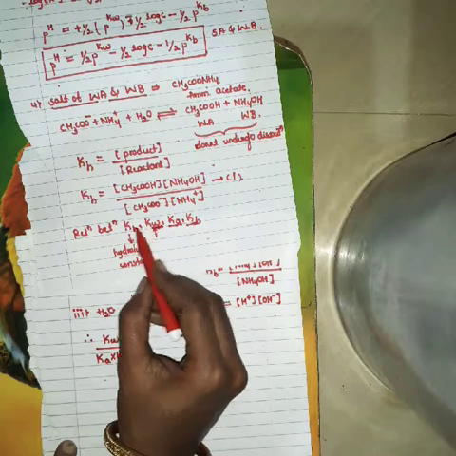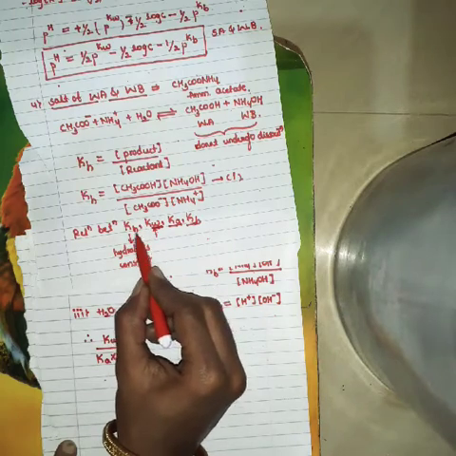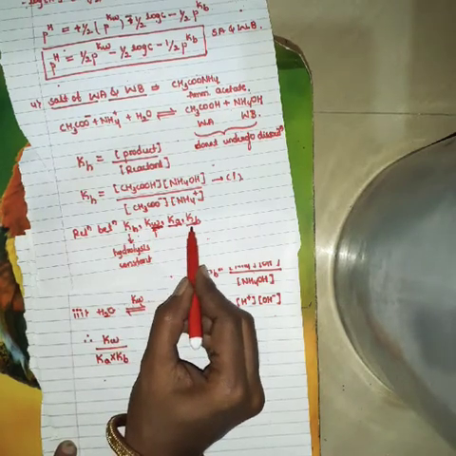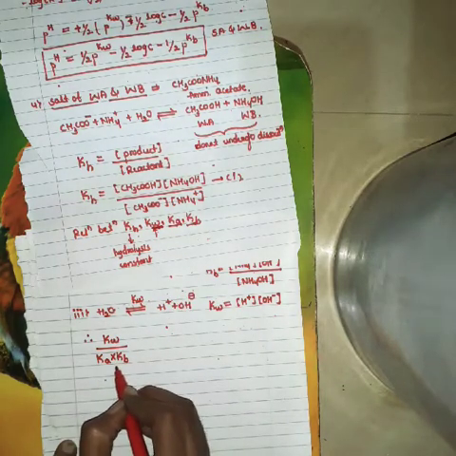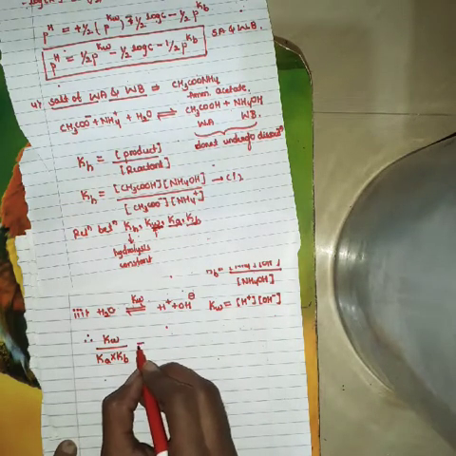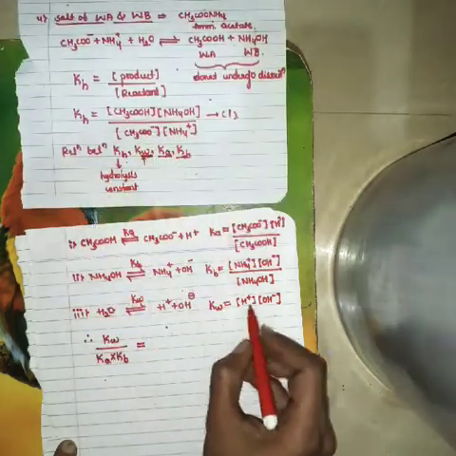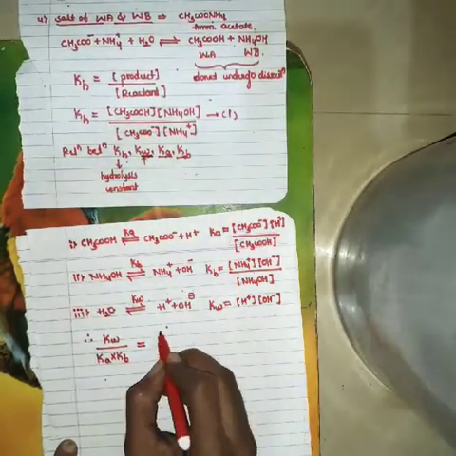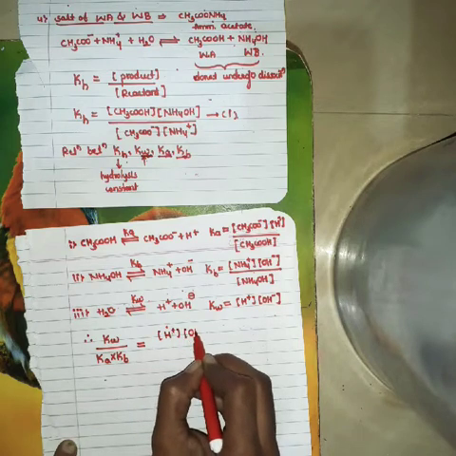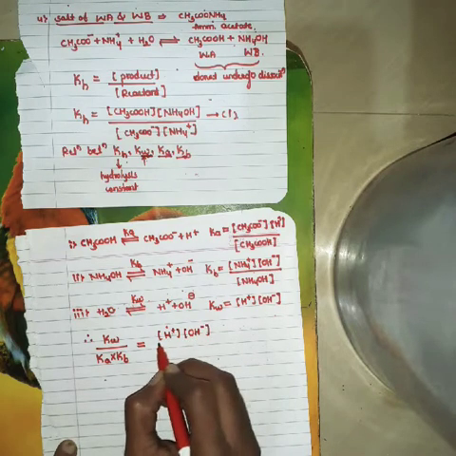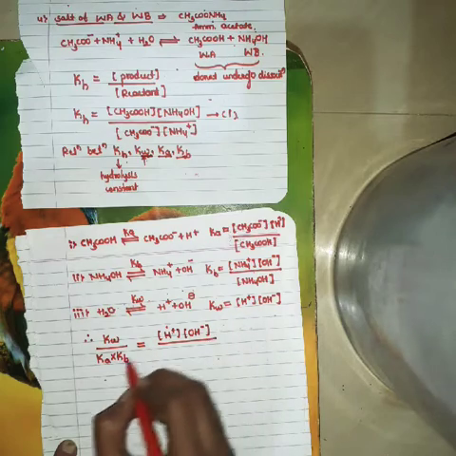What is the relationship between KH, Kw, Ka and Kb? We have to do Kw divided by Ka into Kb and simplify. We already know Kw is the concentration of H plus and concentration of OH minus, divided by Ka.